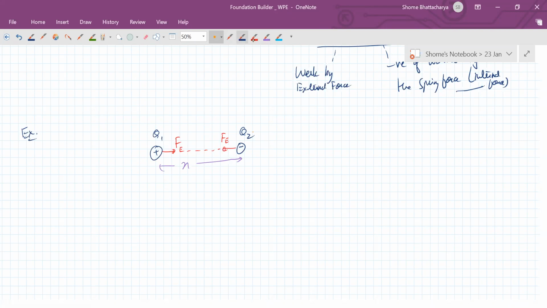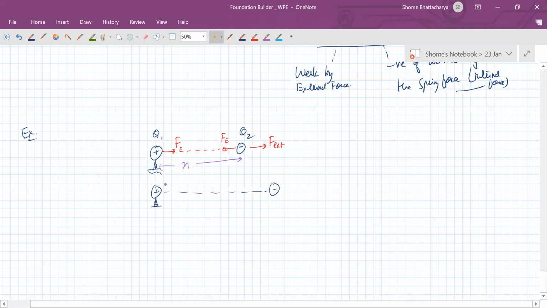Suppose we are applying some external force while this is kept fixed on the ground. We are applying some external force to increase the distance by delta x.